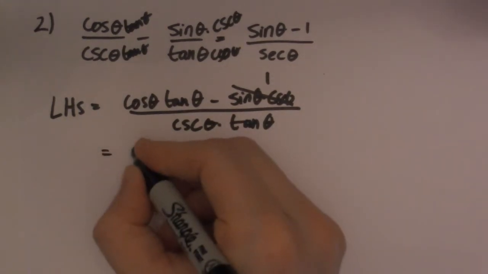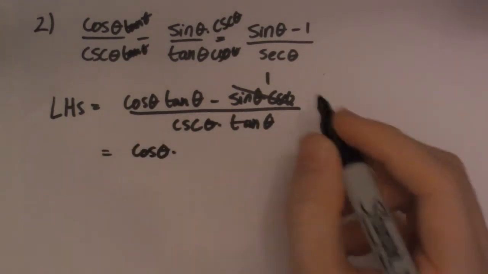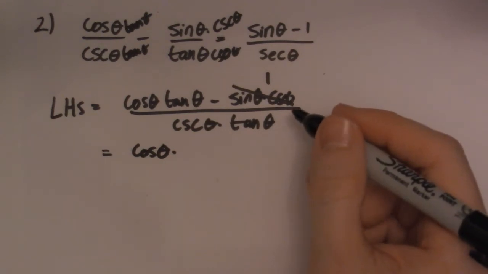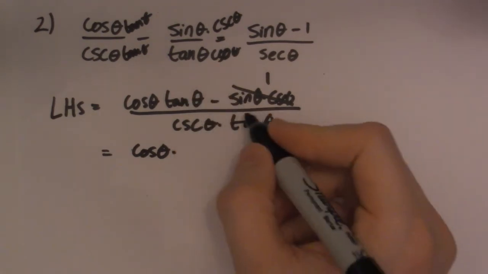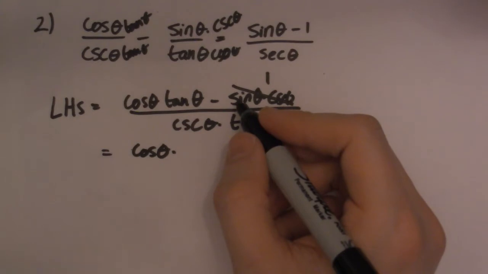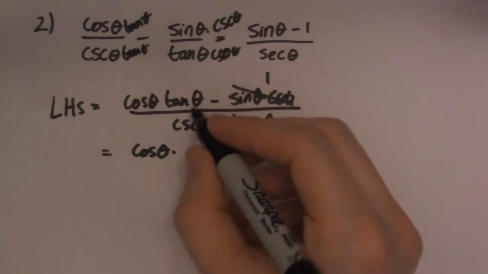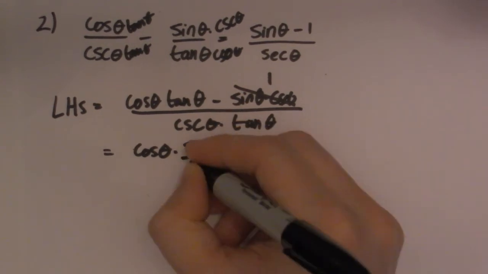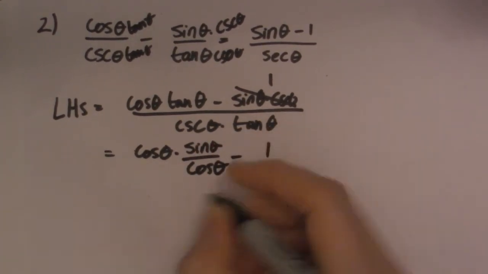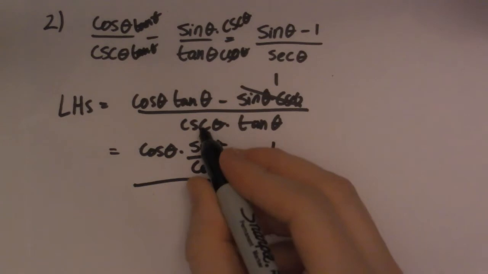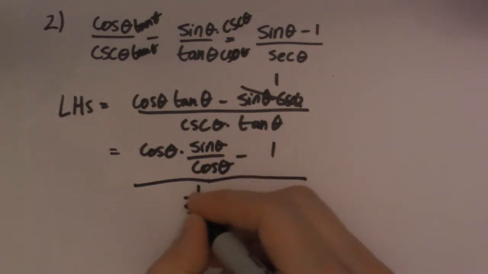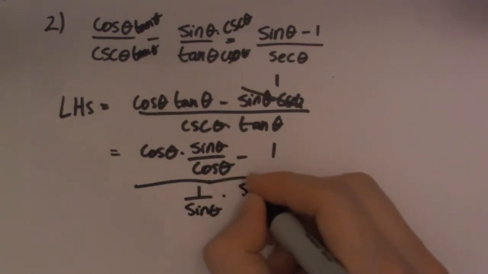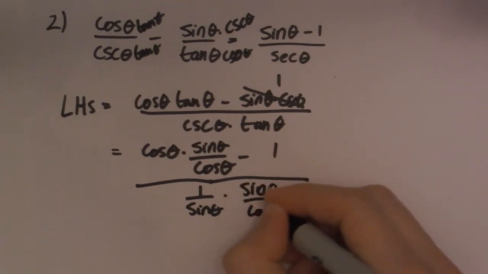So let's rewrite. I'm going to start changing some stuff to sine and cos. That's my fourth strategy, right? Common denominator, then the fourth strategy. Tan is sine over cos, so sine theta divided by cos theta. I've got my 1, and then my cosecant is 1 over sine theta, and tan is sine theta over cos theta.